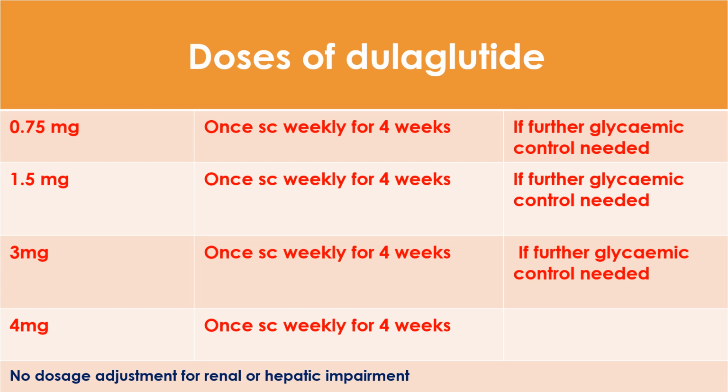Because dulaglutide is presumed to be degraded into its component amino acids, no dose adjustment is needed for hepatic or renal impairment.